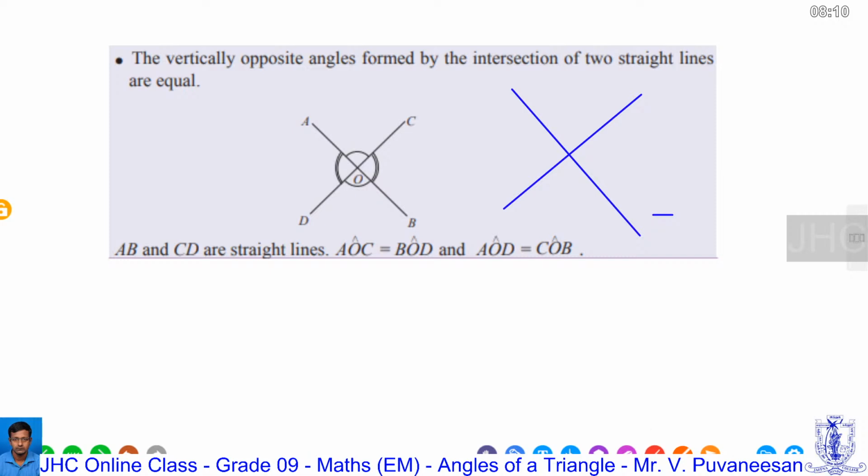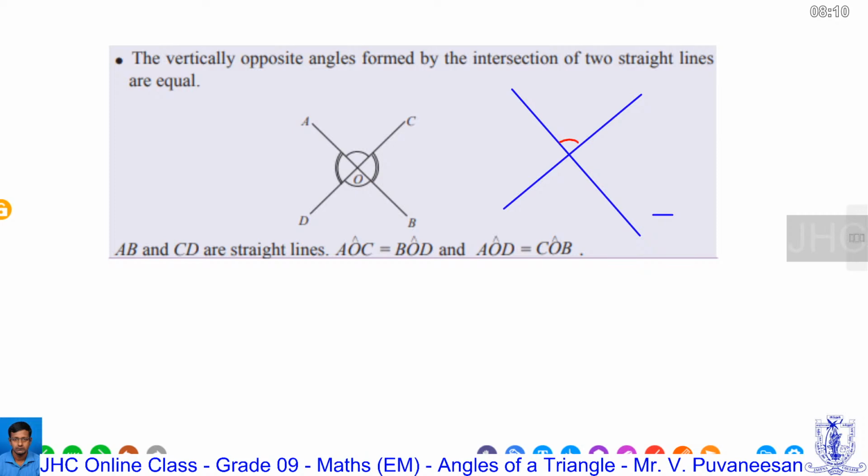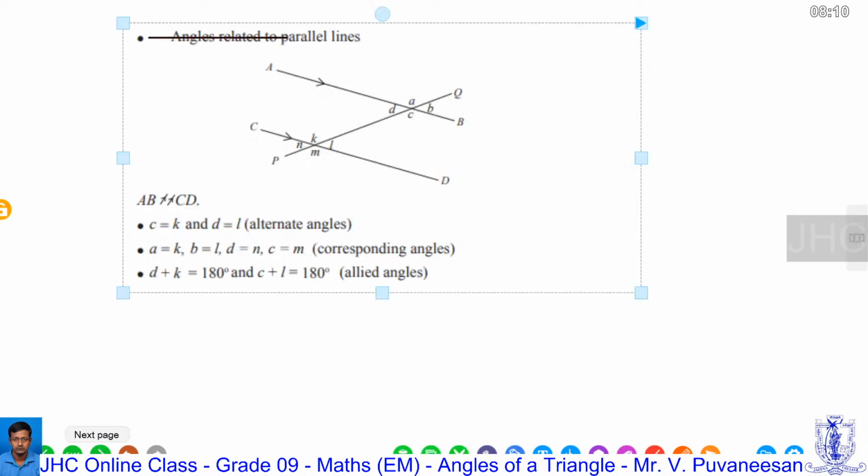If I name this as A, this B, this C, this D, we can say angle A equals B, vertically opposite angles, and the other vertically opposite angles, C equals D.